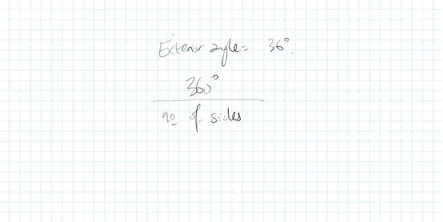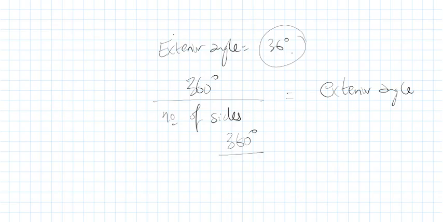They asked us how many sides we have. If you take 360 and divide by the number of sides of the polygon, you get the exterior angle. Here the exterior angle is 36, so 360 divided by the number of sides should give you 36.